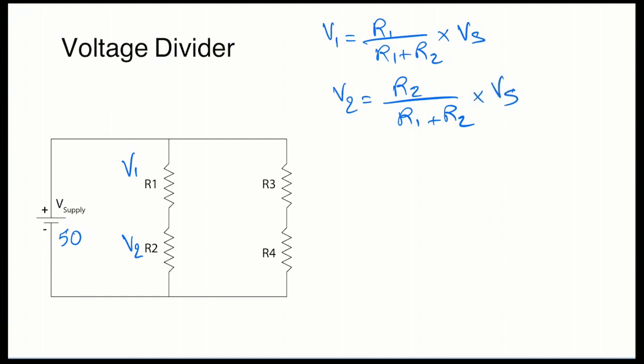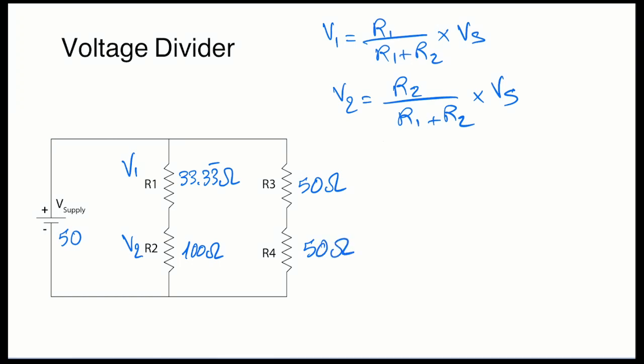Now I'm going to provide you with the values. R2 is going to be 100 ohms, and R1 is going to be 33.33 continued ohms, and R3 is going to be 50 ohms, and R4 is going to be 50 ohms.